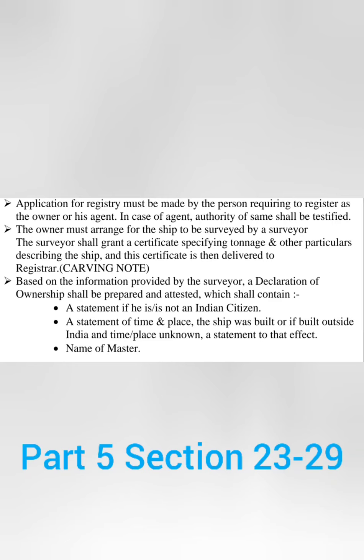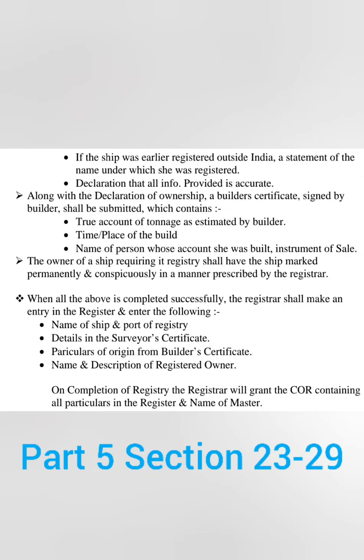Based on the information provided by the surveyor, a declaration of ownership shall be prepared and attested, which shall contain a statement if he is not an Indian citizen, then a statement of time and place the ship was built, or if built outside India and the time and place is unknown, a statement to that effect. Name of the master. If the ship was earlier registered outside India, a statement of the name under which she was registered. Finally, a declaration that the information provided is accurate.